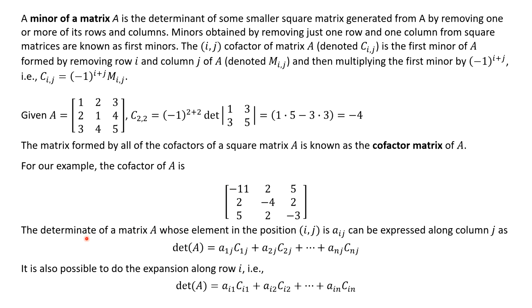And we have some properties. The determinant of a matrix A, whose elements in position ij are A sub ij, can be determined along column j given by this formula here. So you take the elements of A and you multiply them times these different cofactors.